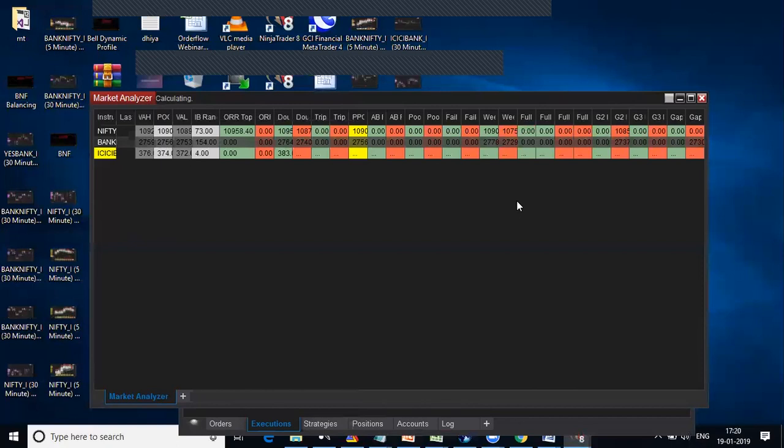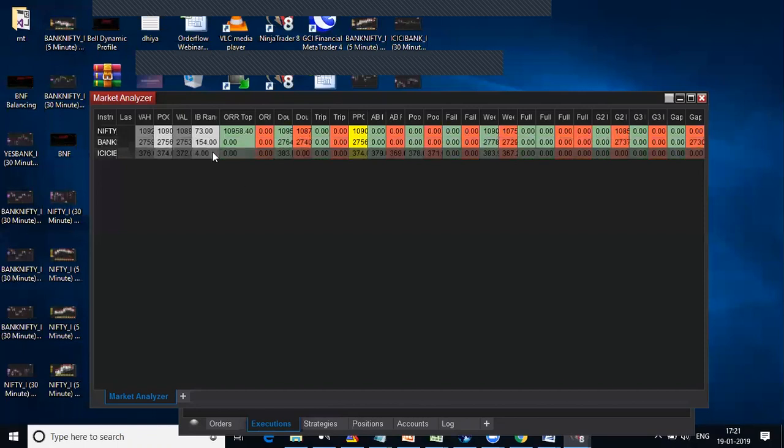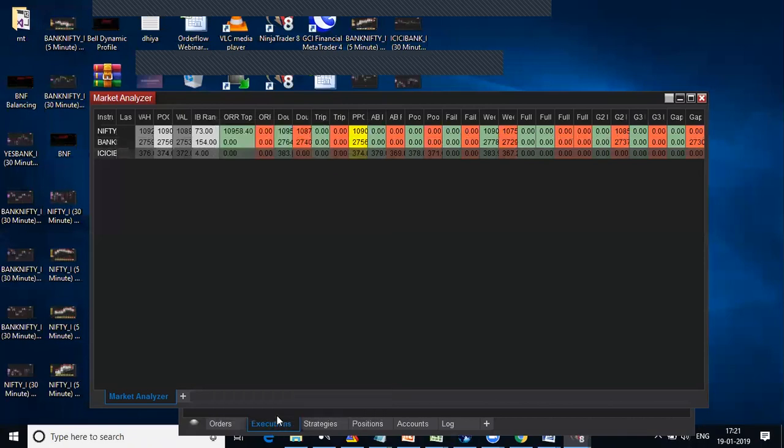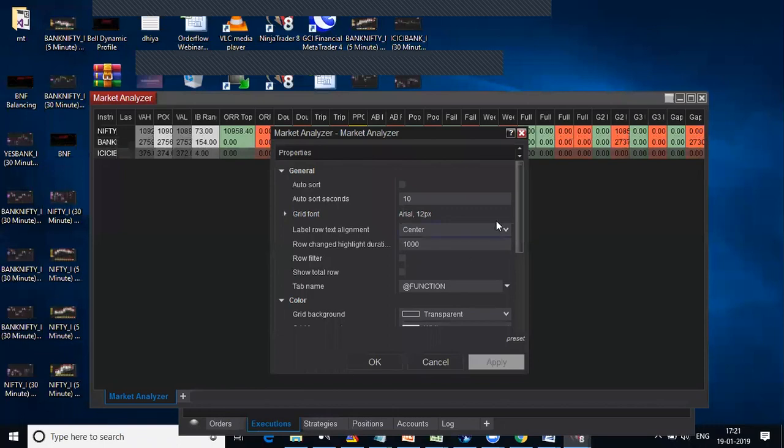But there is one more setting required. If you are using stocks, the TPO size by default will be one TPO, right? Which is not optimal. So what you have to do is go and edit the TPO settings. Go to the properties, not the properties here.